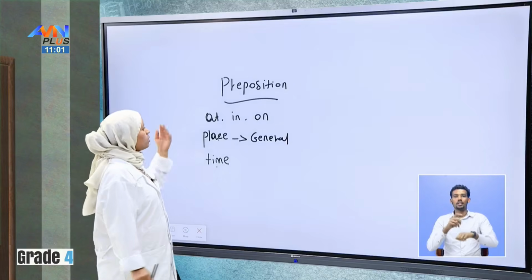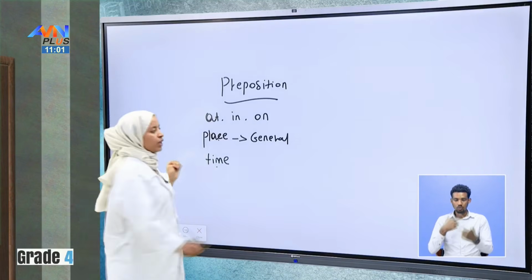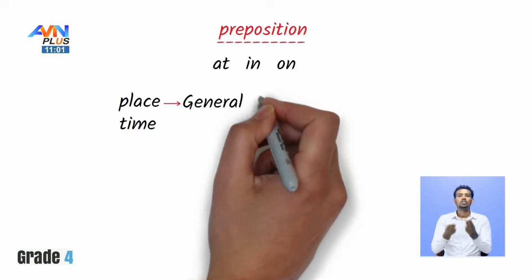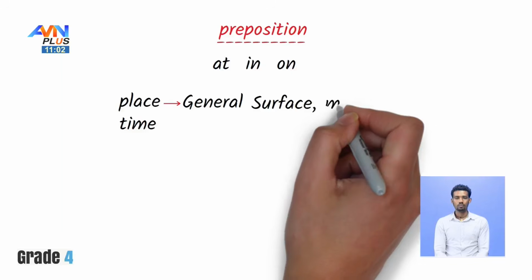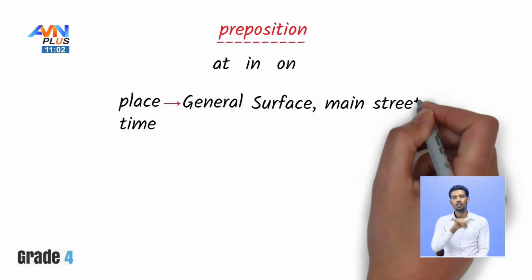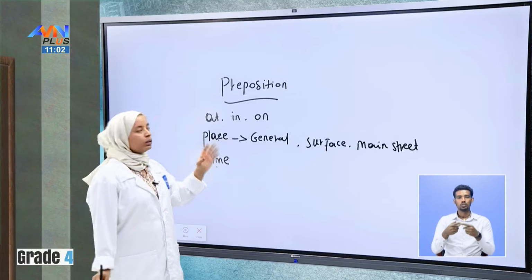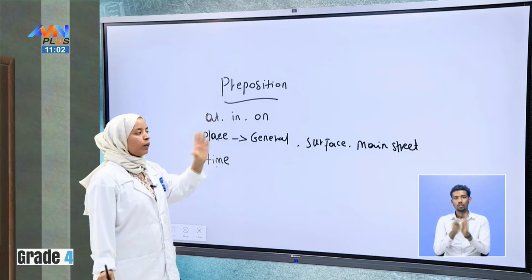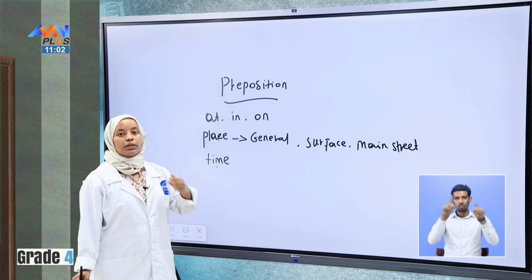The next one is on, and also we used it for place, for surface, main street, and etc. Like when we come to surface, like wall, like this whiteboard, and also when we come to main street, the main road, like we mentioned Arada Street before.